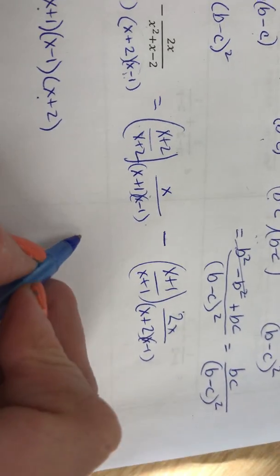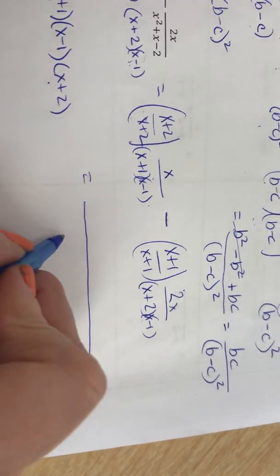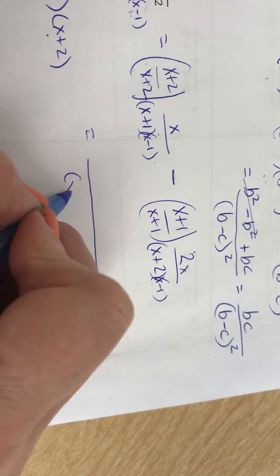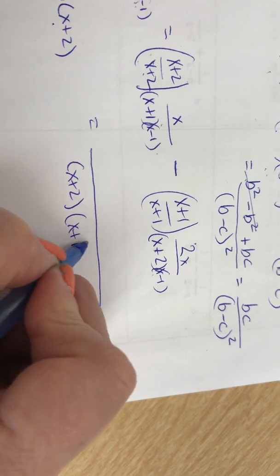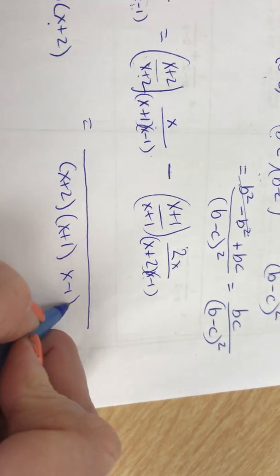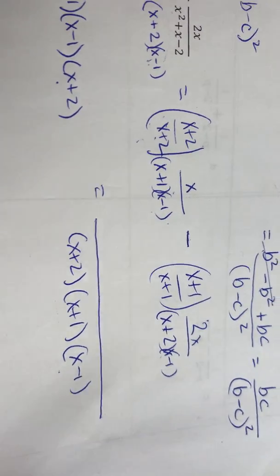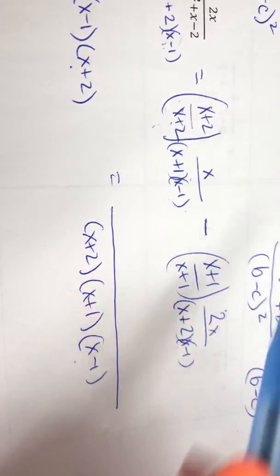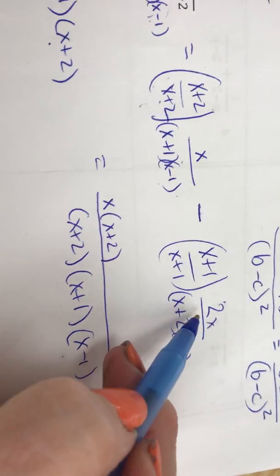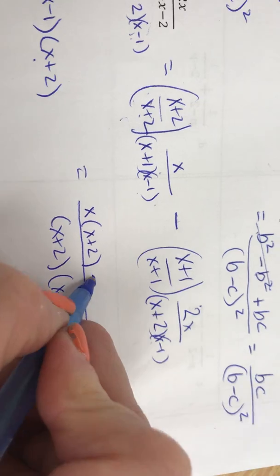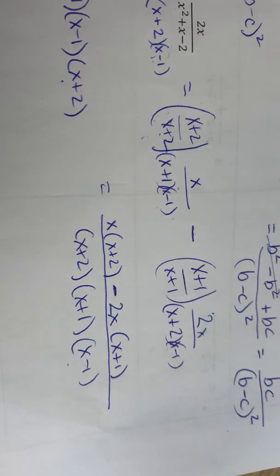It's completely up to you. So now, my denominator has an x plus 2 in both, an x plus 1 in both, and an x minus 1 in both. So common denominator comes down. And now this is a monomial times a binomial, so I need to write that in this order. And this is minus a monomial times a binomial.